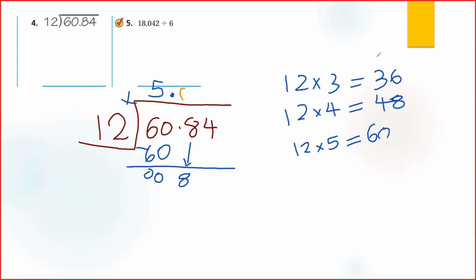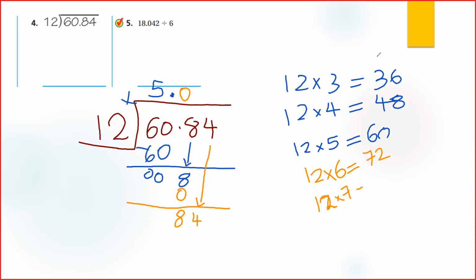Yes, we have to put 0 up. 0 times 12, 0. Then, yeah. The 12 times 6. 12 times 7, 84. Thank you. So here, what do you have to put?